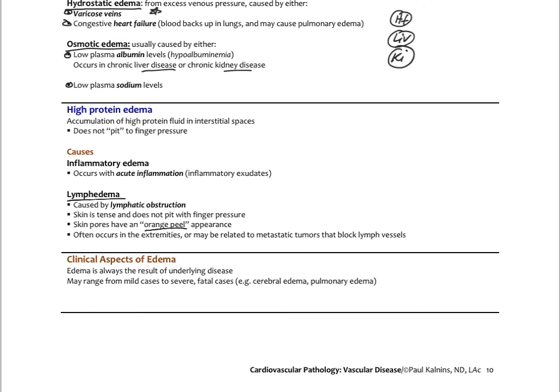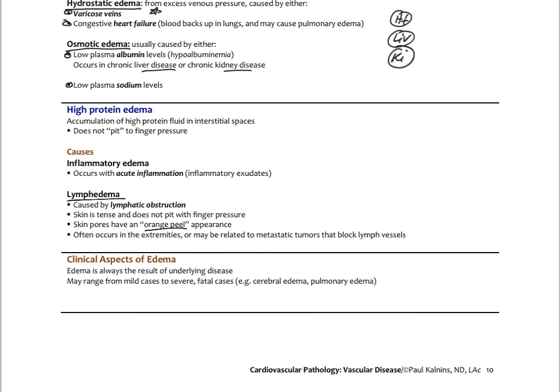A common reason I've seen in the upper extremities is, for example, after breast cancer surgery, they'll remove a lot of the lymph nodes in the axilla, and those are the lymph nodes that drain the arms. And so you remove that, you block lymph outflow from the arms, and so you get really bad non-pitting edema in the arms and the hands, and that would be due to lymphatic obstruction. So that would be the second cause here, lymphedema.